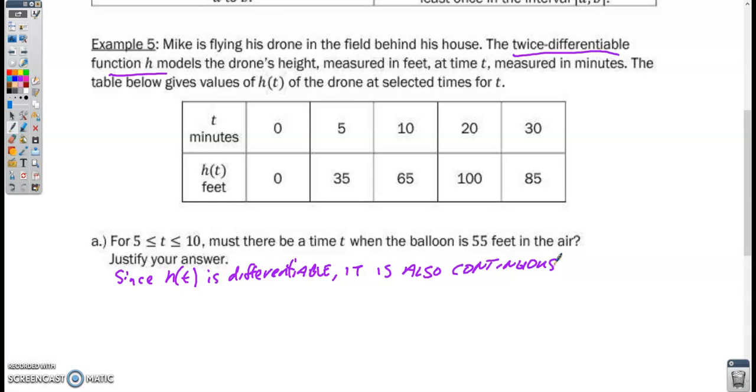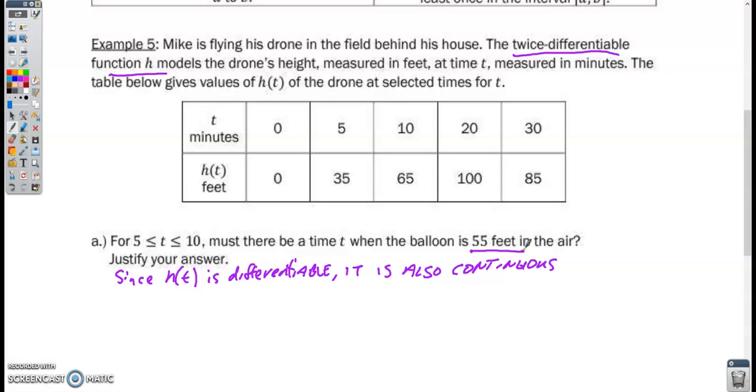In this case, we're trying to find whether there is a time when the height is 55 feet in the air. So we're talking about the function value, not the derivative. Since we're talking about the function value, we want the intermediate value theorem instead of the mean value theorem. Remember, the mean value theorem talks about values for the derivative or instantaneous rate of change. The intermediate value theorem talks about values of the function.